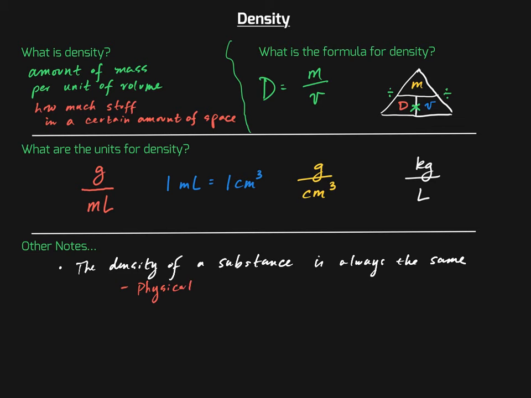Okay, now remember, physical properties describe matter. Okay, so whatever matter we're working with, it's going to have this physical property of density. So that particular matter is always going to have the same density value. It's never going to change for that type of matter. Okay, a really prime example of that is liquid water. Okay, liquid water always has a density of 1 gram per milliliter. It's always 1 gram per milliliter because that is a physical property of water.